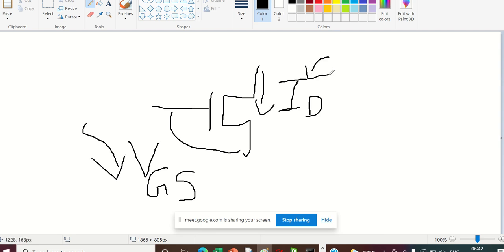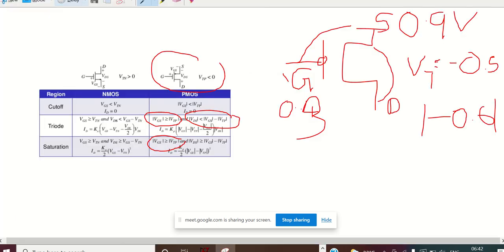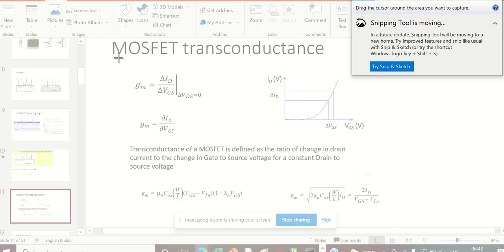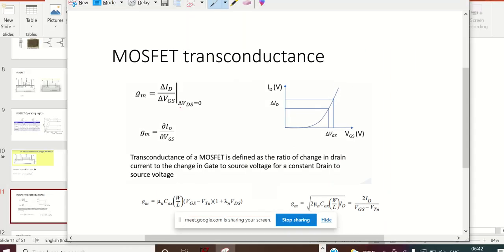This voltage to current conversion is called transconductance. The ratio of the output current to the input voltage VGS is called transconductance.